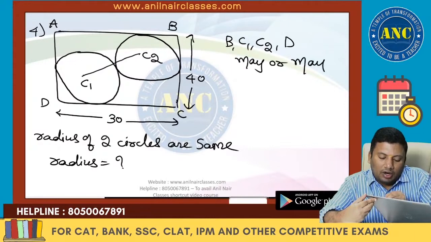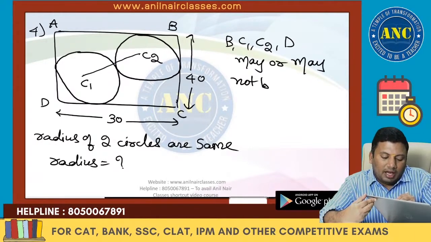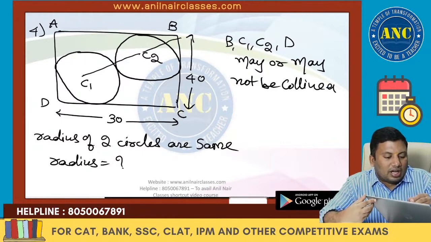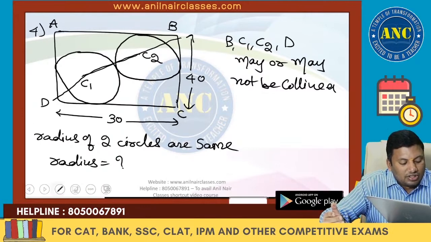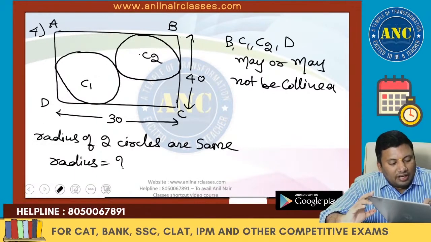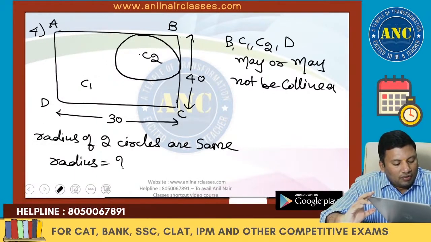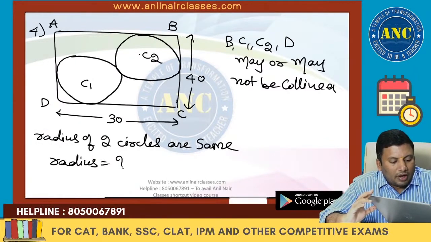So don't make the mistake of drawing it like this and solving it. That is a mistake, because it is not given in the question. If it is not given in the question, you will not take that value. I hope it is clear.